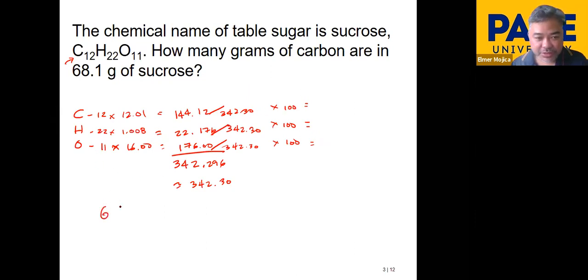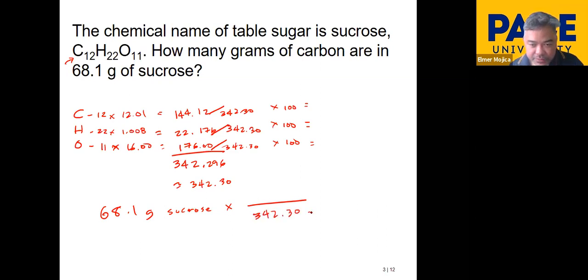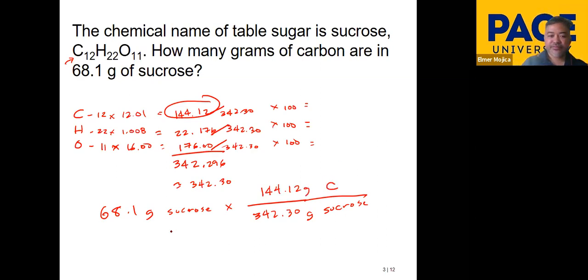You can always go with 68.1 grams of sucrose times the molar mass of sucrose, over, for every 342.3 grams of sucrose, 144.12 grams of that is carbon. That itself will solve the problem. You don't need to do this operation if ever. You just have some sort of a ratio and proportion there.